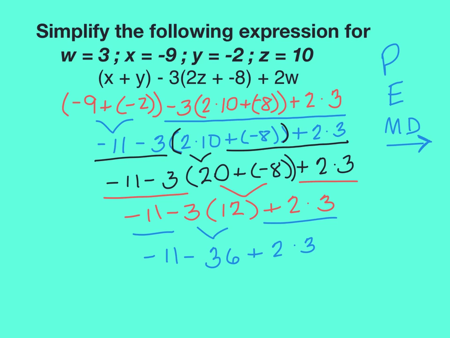And the next thing that I'm going to find here, as far as multiplication and division goes, is 2 times 3. So I've got -11 minus 36 plus 6. I'll go on to the next page. -11 minus 36 plus 6.